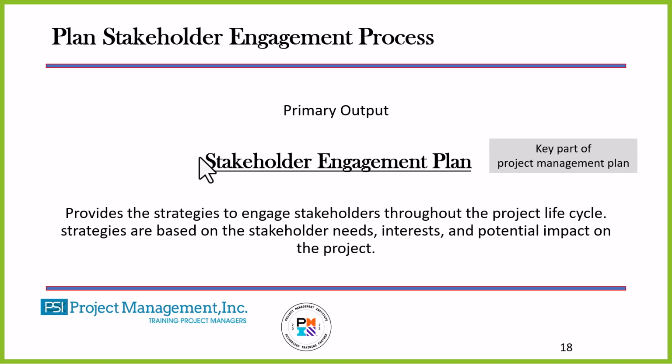Then we're going to define how we're going to address each stakeholder. So this plan provides us with the strategies to engage the stakeholder throughout the project life cycle. And we're going to develop and understand their needs, their interests, and their potential impact on the project.